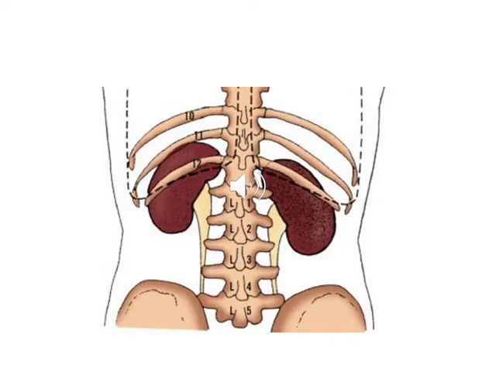Now you can see the two kidneys on the posterior abdominal wall. The upper parts of the kidneys are covered with the costal margin and the lower poles are not, and these lower poles can be palpated in a normal person.